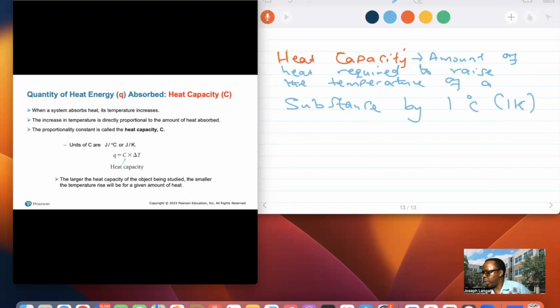It's the same thing, 1 degree Celsius or 1 Kelvin. We don't specify the amount of matter. This doesn't really matter.